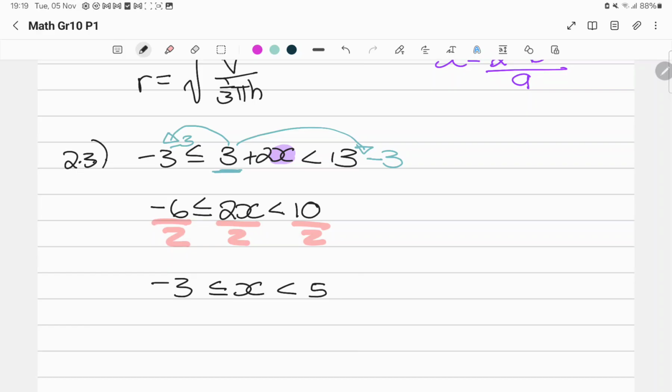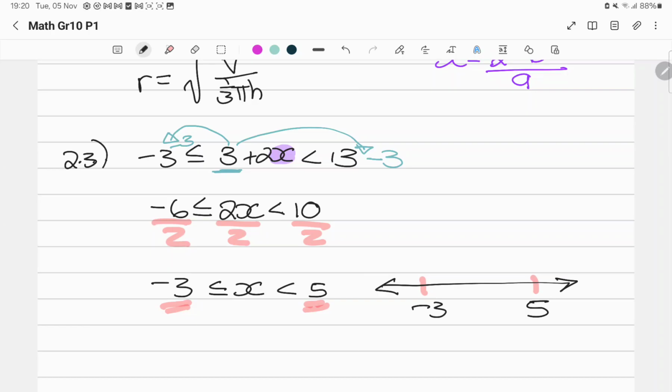So what does this tell me? It tells me that x lies between -3 and 5. So if you have to indicate this on a number line, you have to put in these two values. So I have to put in my -3 and my 5. Okay, so there's -3 and there is 5.